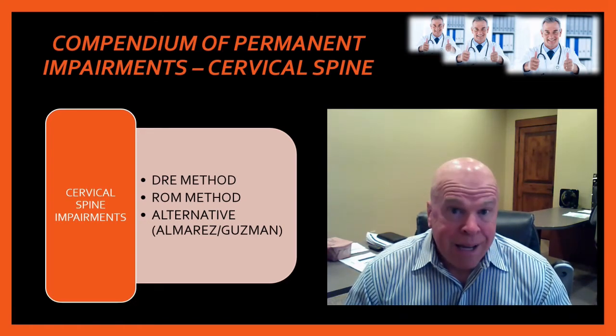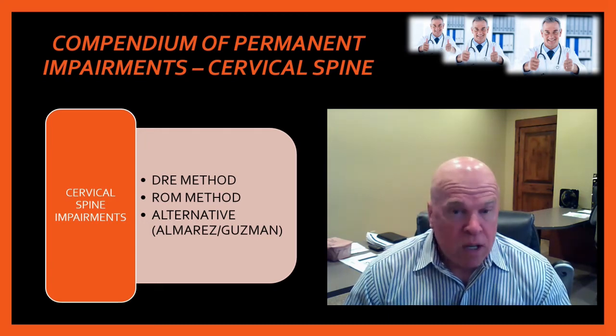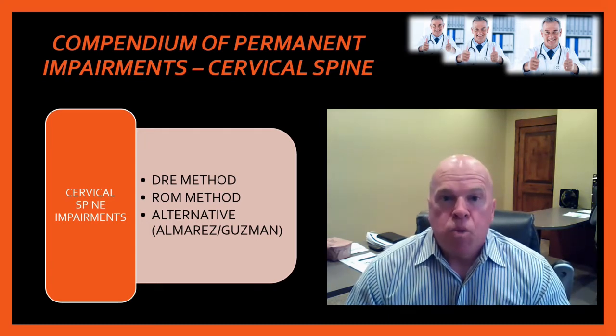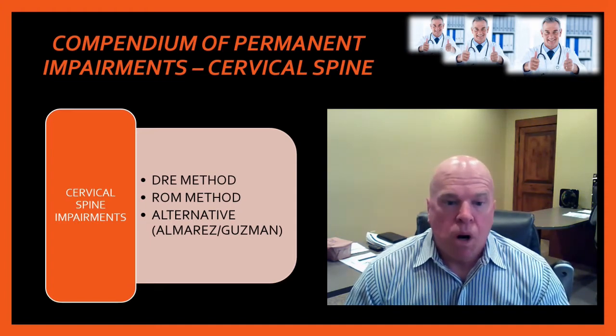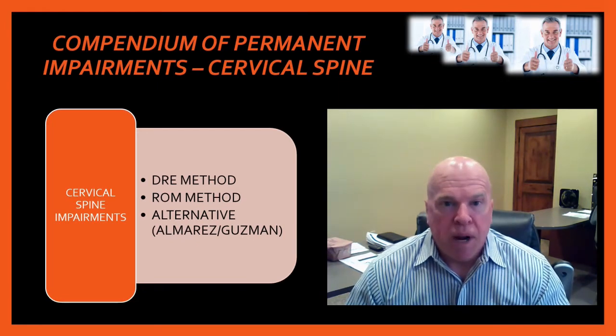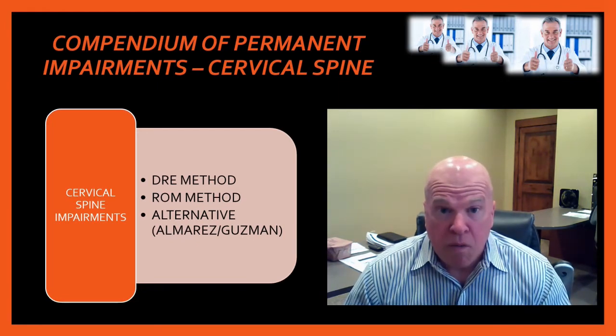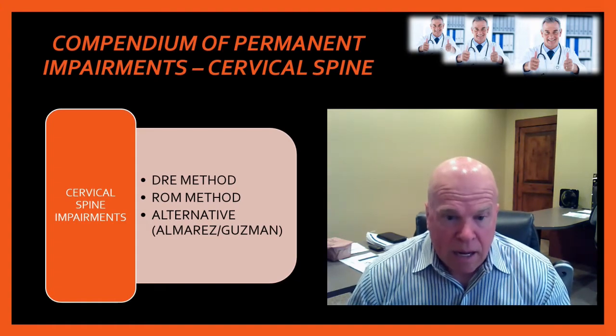We organized those permanent impairment ratings that were assessed through the range of motion method. And then we had an extra category of arguments arranged through the alternative impairment rating method, somehow within the four corners of the AMA guides under Alvarez and Guzman.